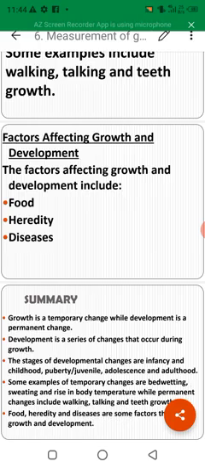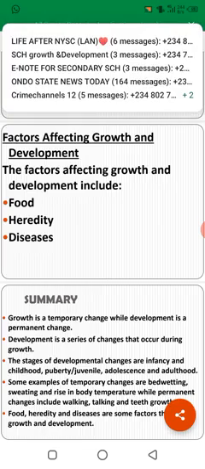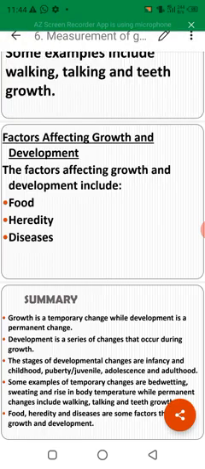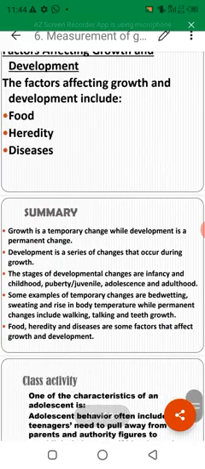Also, diseases. Disease can make our growth to be retarded, not to grow as it's supposed to grow. So these are the factors that affect growth and development.